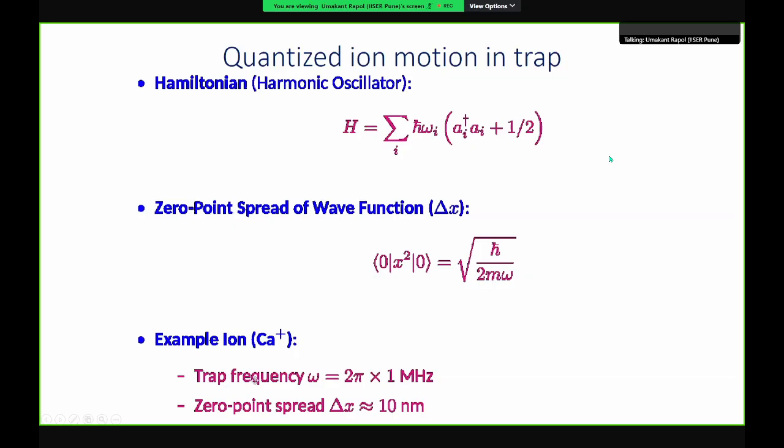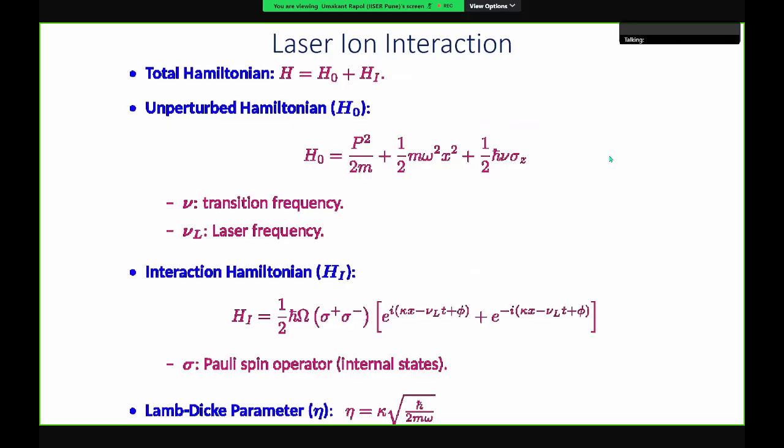For example, for the ion that we are working on, I have taken calcium ion. The trap frequencies are typically about a megahertz or so. So the zero-point spread of the wave function of the ion in the ground state is of order 10 nanometers or so, which I told in the beginning.